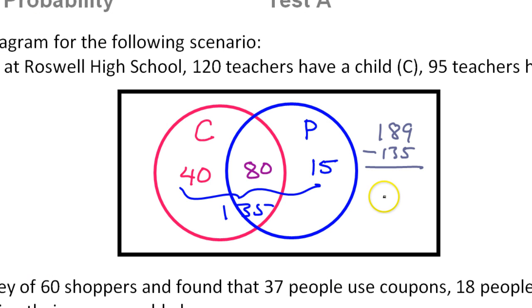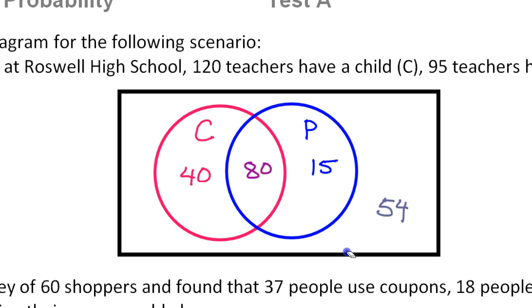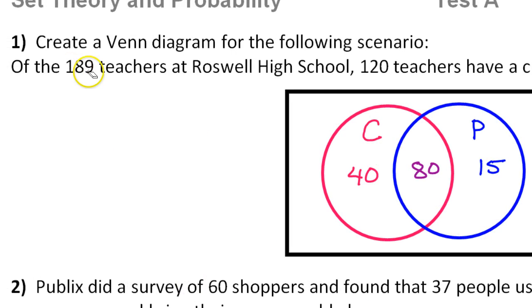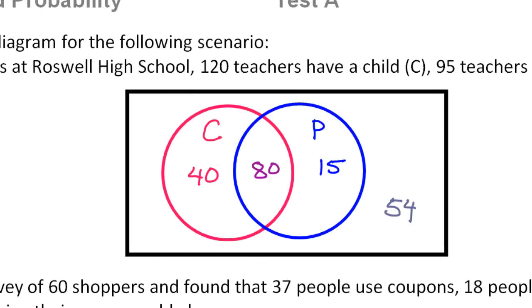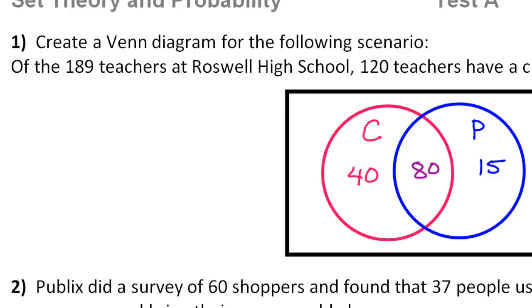Okay, so it's going to be 54 teachers out in this zone. Okay, let me just clean this up. So here it is. Alright, this would be the Venn diagram representing this situation. If I add up all four of these numbers, that should equal the total of 189 teachers. Okay, so that's it for number 1.